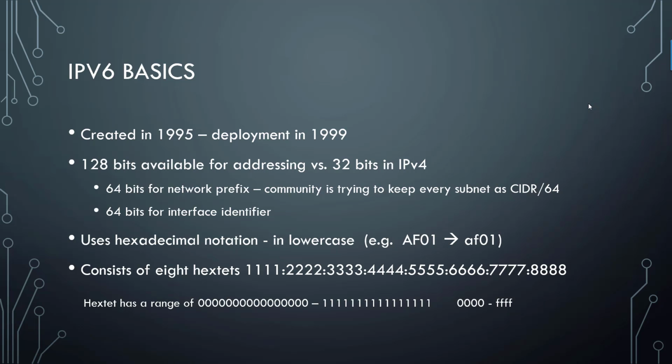So a hextet has a range. Instead of having a range of 0 to 256, a hex range is from 0 to FFFF.